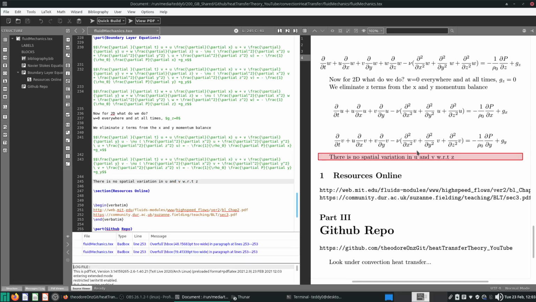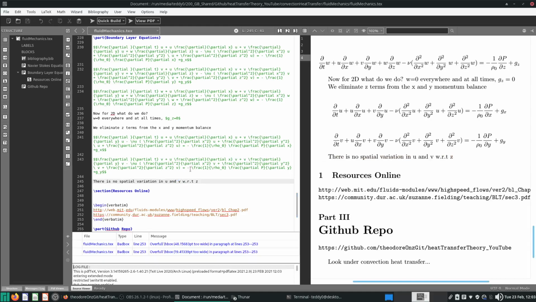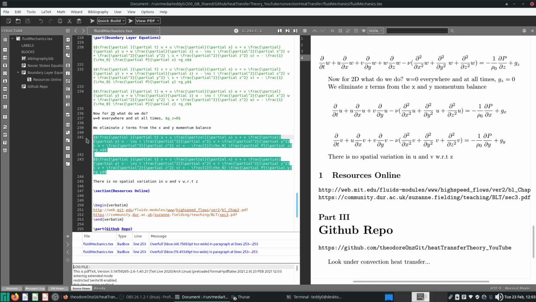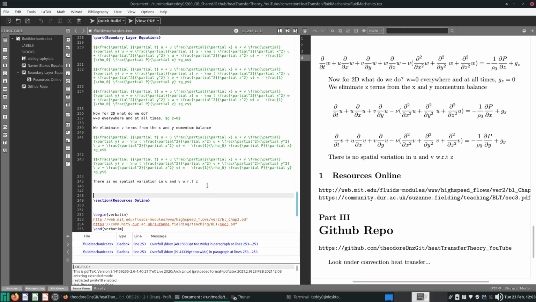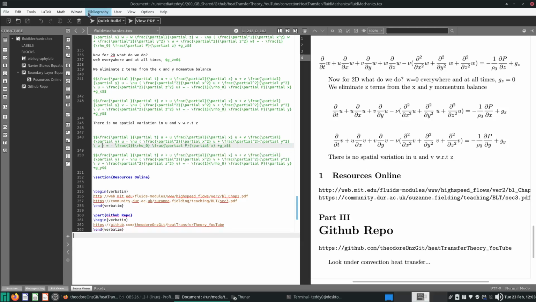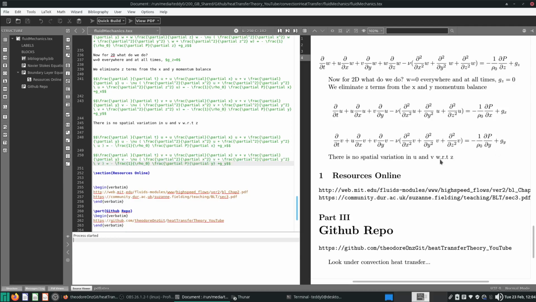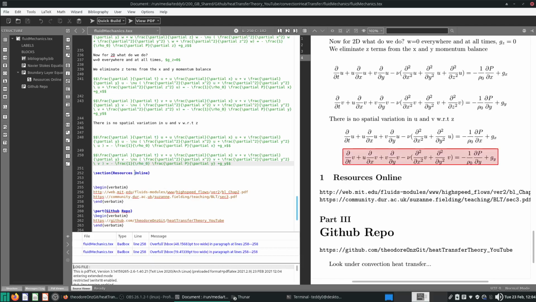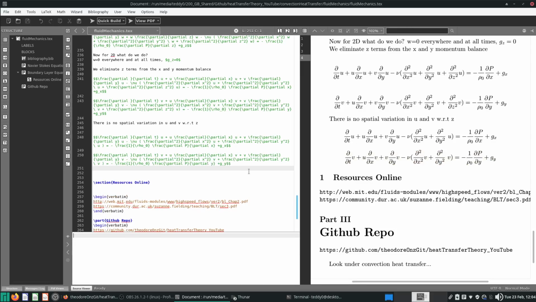So that's truly a 2D problem. So all of this should be 0 as well. So this del by del z should be 0. Okay, so the second derivative should also drop out. And here we'll drop both of them out. Okay, so now we basically have a 2D Navier Stokes.